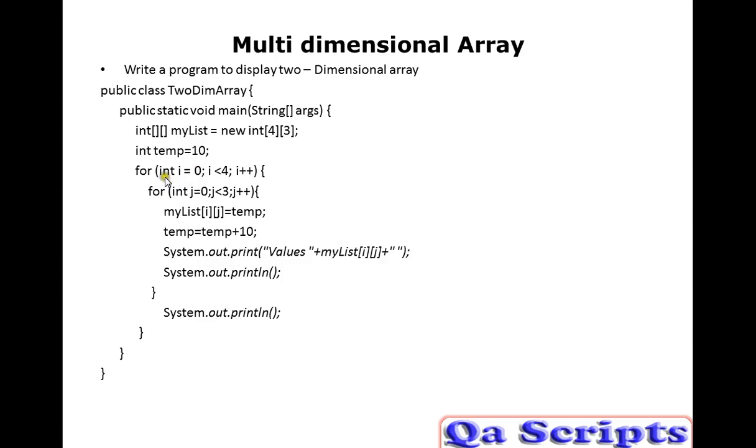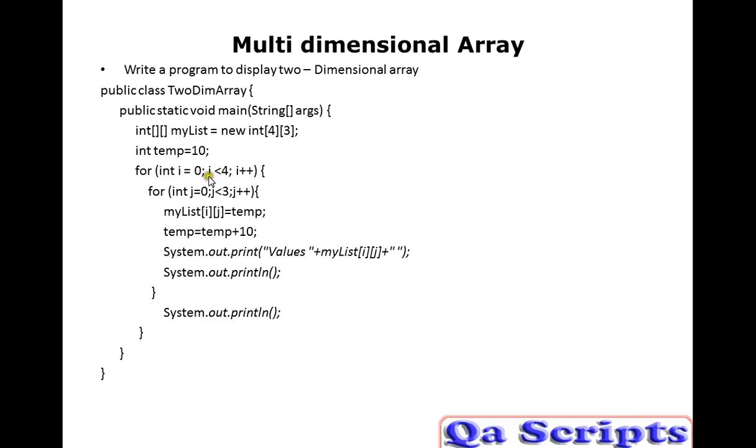Now I am using a for loop where I am declaring and initializing the variable i: int i = 0, i less than 4, meaning it should iterate less than 4 times. Then I say i++.